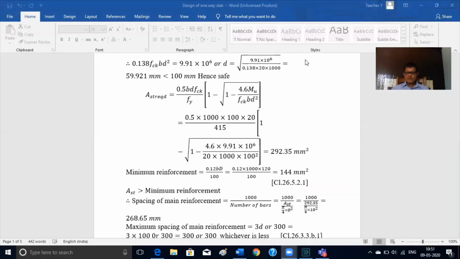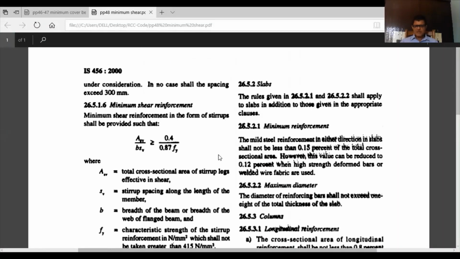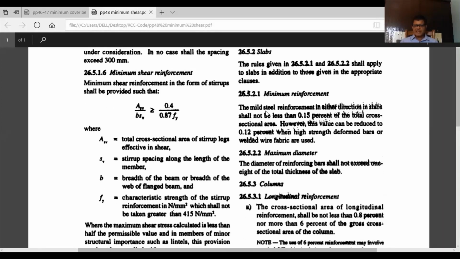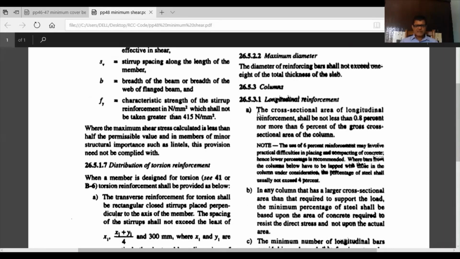Open your code. Okay, you can first look at this 26.5.2. You can find what it says. This is regarding slabs, solid slabs. It is given for solid slabs.